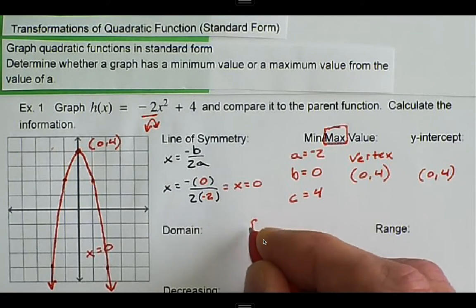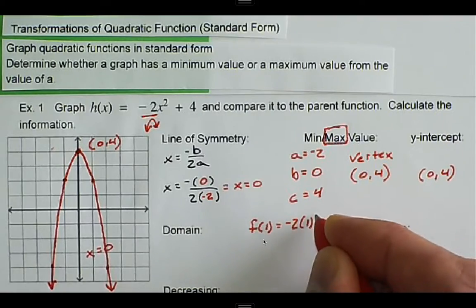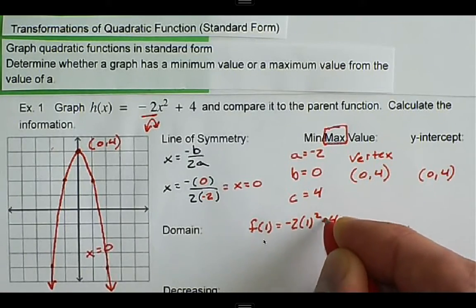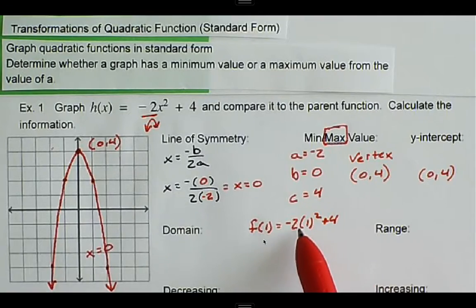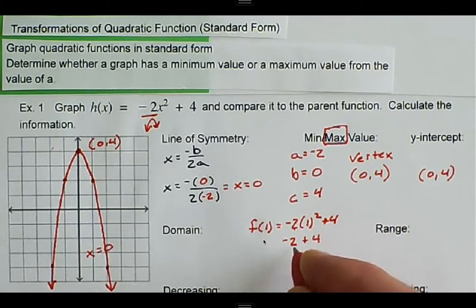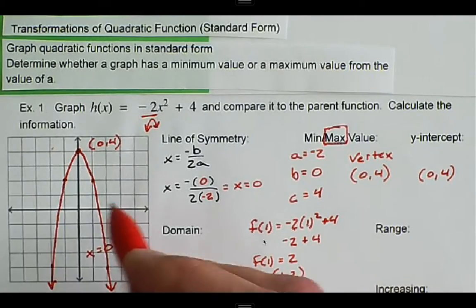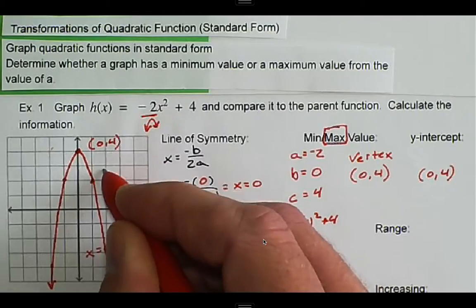So if we say the function evaluated at 1 is equal to -2 times 1 squared plus 4, so 1 squared is 1 times -2, so that's -2 plus 4, so that's +2. So the function evaluated at 1 gives us the y value of 2. So (1, 2) is a point on the graph, and that's what we have graphed here, this point right here.